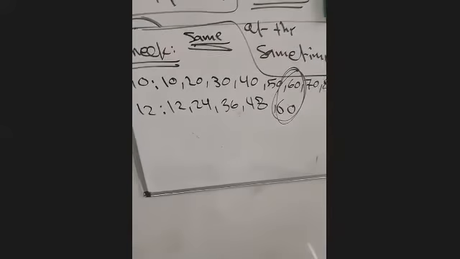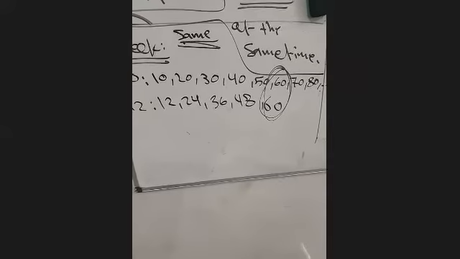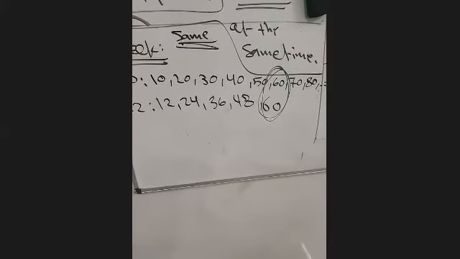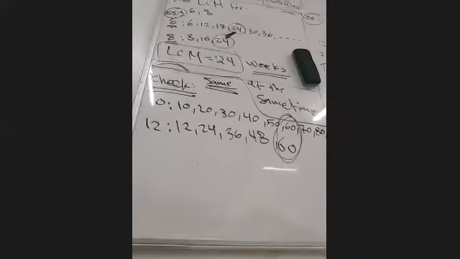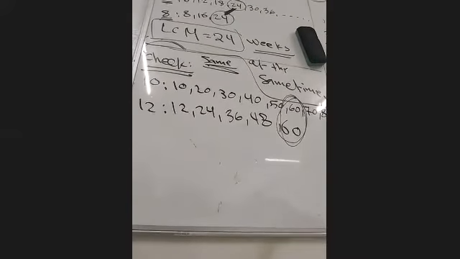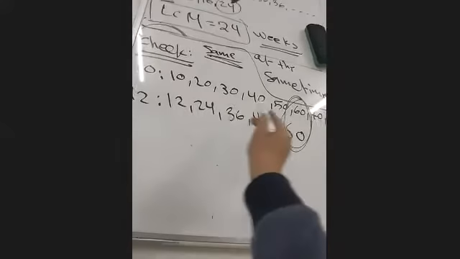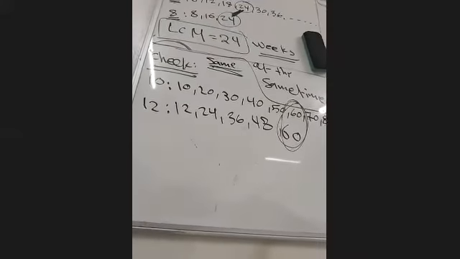The lowest, Mister? The least common multiple is 60 weeks. Yes, 60. We are searching for the least common multiple. Got it? Do we have common multiples here before the 60? No, you won't find any.